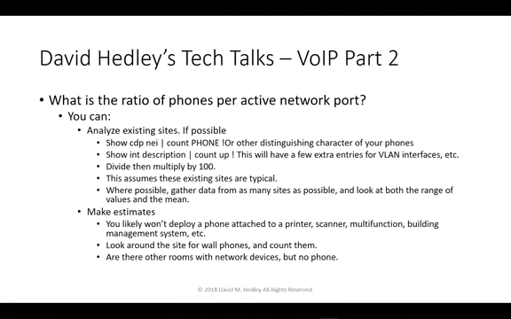A small call center may be close to 1-for-1, since there isn't necessarily that much infrastructure, and typically a call center, they have a PC for their order taking, logging the call, whatever they need to do for their computer, and then the phone. And look around, you have other rooms with network devices but no phones. So somehow or another figure out an estimate just so you size your scopes right.